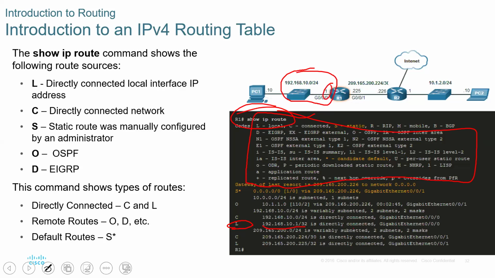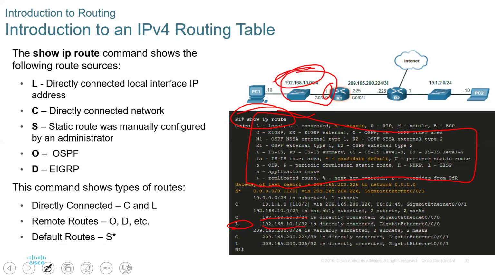It's directly connected via the cable. When you see C, it is a directly connected network also. But this time around, it gives you the network address, 192.168.10.0, which is this network address.